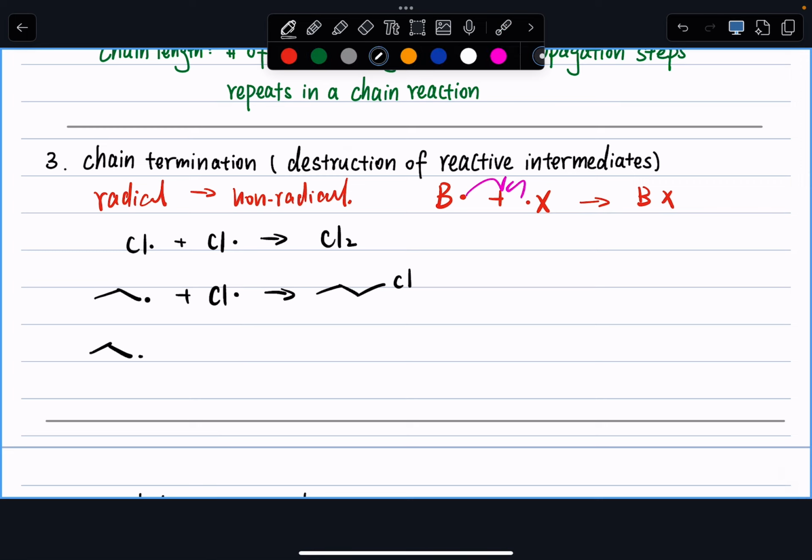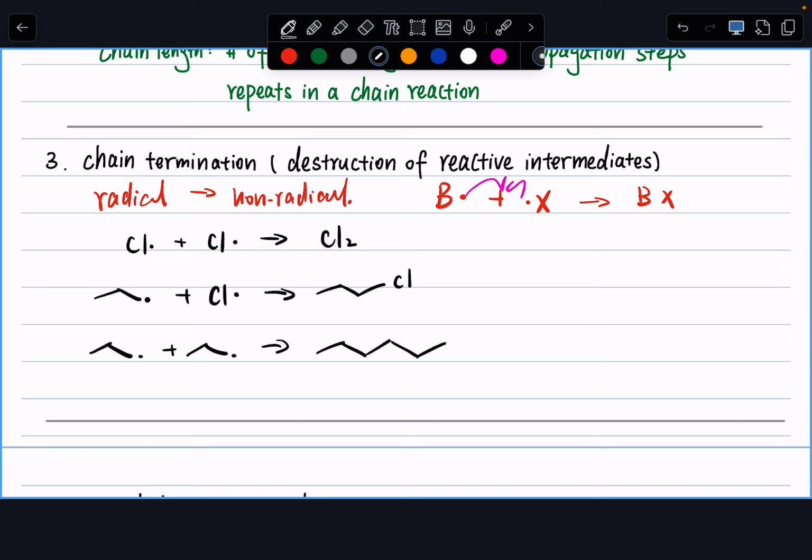What else? We can also have a primary radical reacting with a primary radical. So we will be generating a six-carbon chain, 1, 2, 3, 4, 5, 6. That's a side product. It's not one of our expected products, but it can be formed.